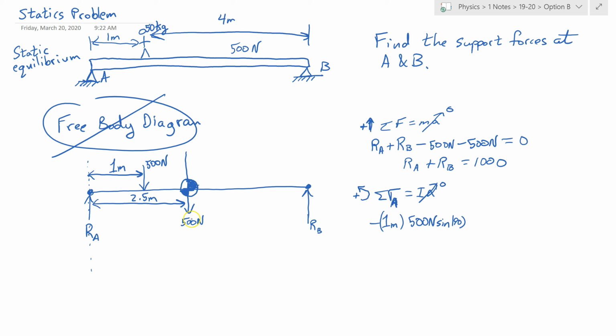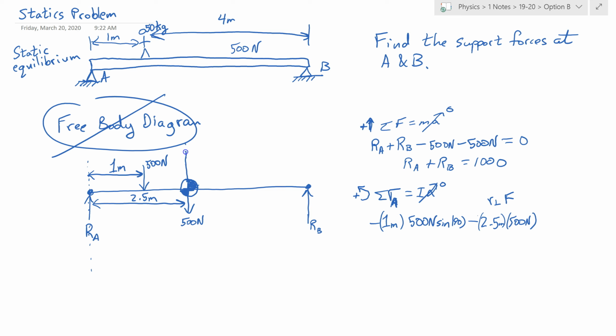The next force that causes a torque is the weight of the plank. It's 2.5 meters from the end. It's also going to be clockwise, so that's negative. So negative 2.5 meters times 500 newtons. And let's say here I use the r perpendicular times force version of calculating torque.